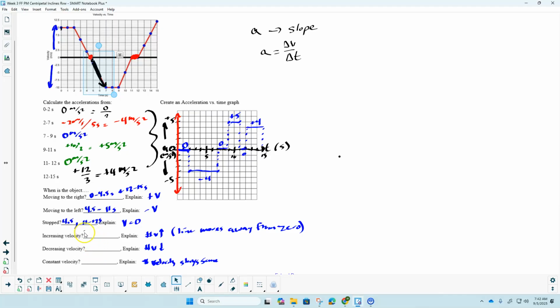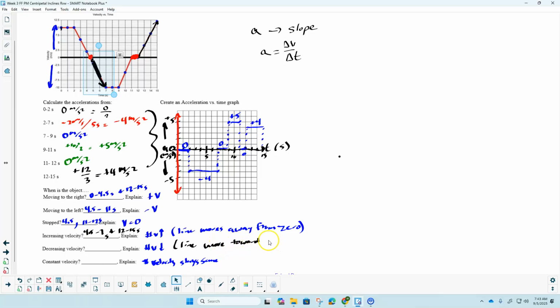So that's one increasing time period, from 4.5 to 7. That would work. Another one, increasing velocity, line moving away from 0, is 12 to 15. So those are good. For decreasing velocity, the line would move towards 0.